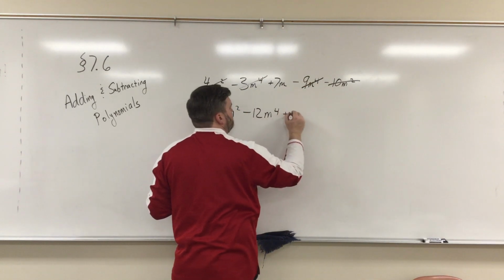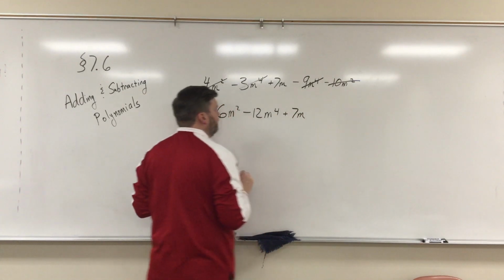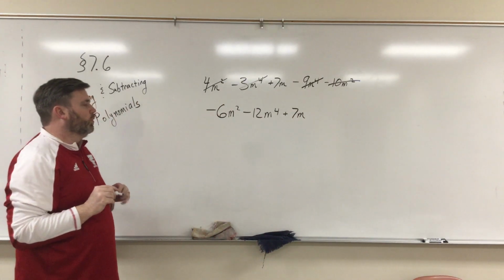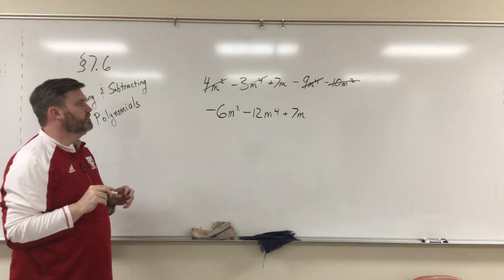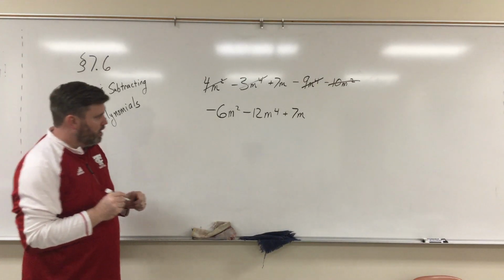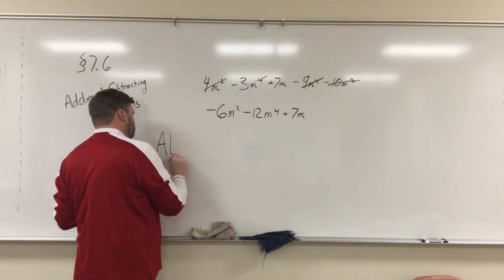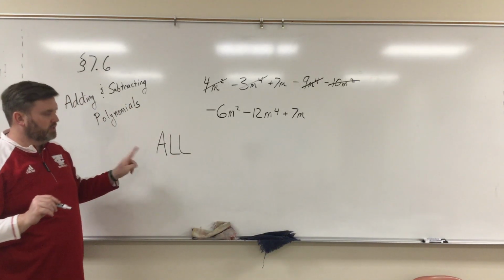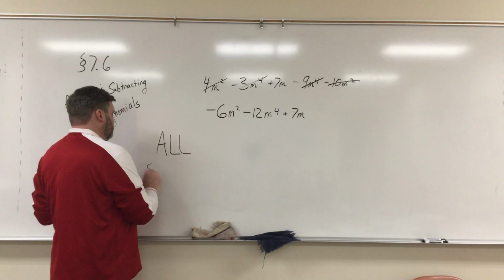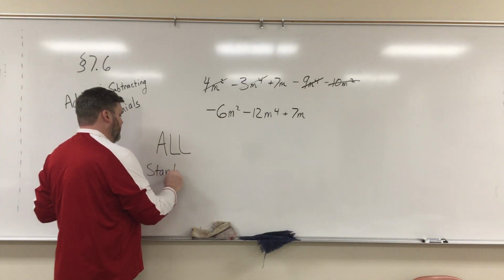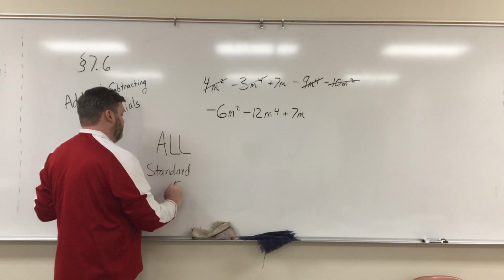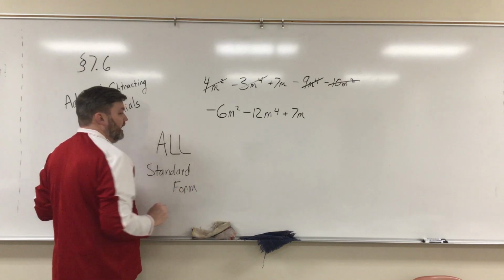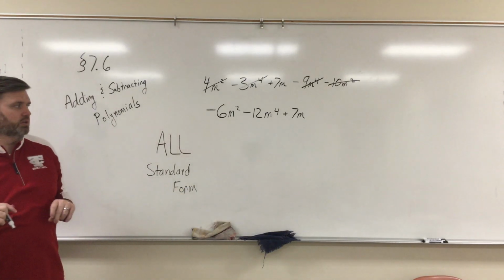And then we got this linear monomial hanging out there. Now, we're not done because all answers on the homework, on quizzes, on tests need to be in standard form. Standard form, we learned what that was last Thursday when I was still here in person.